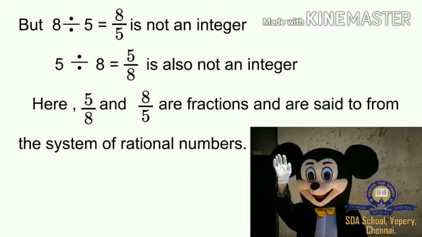If we divide 5 divided by 8, this is also not an integer. Here we can say that 5 divided by 8 and 8 divided by 5 are fractions and are said to form the system of rational numbers. Yes, today we are going to learn about rational numbers.